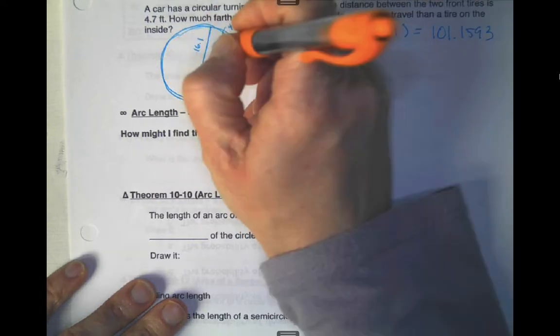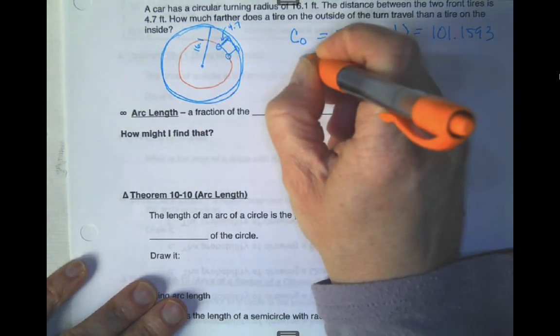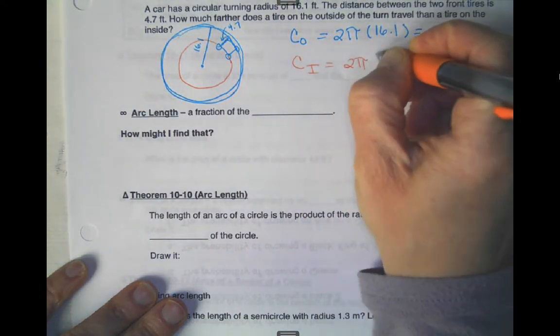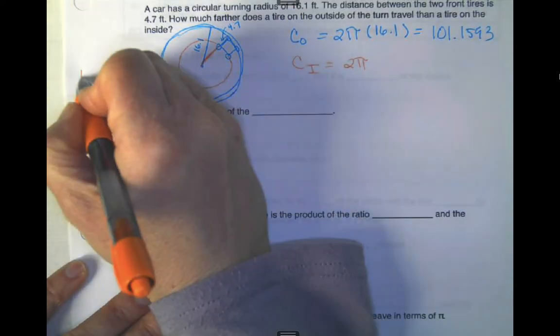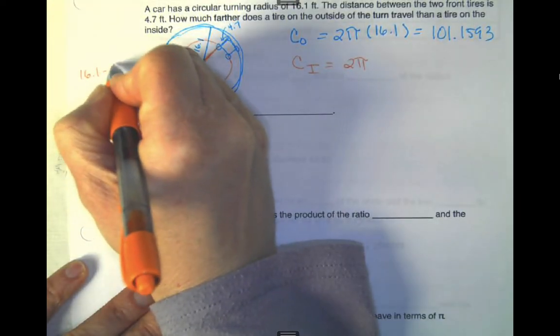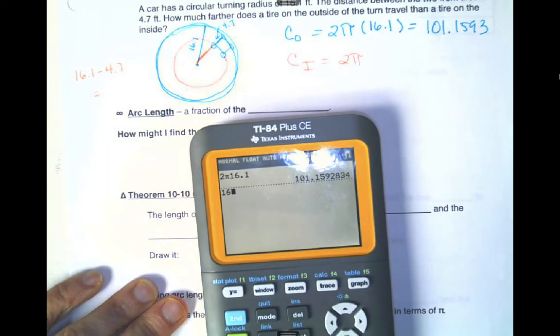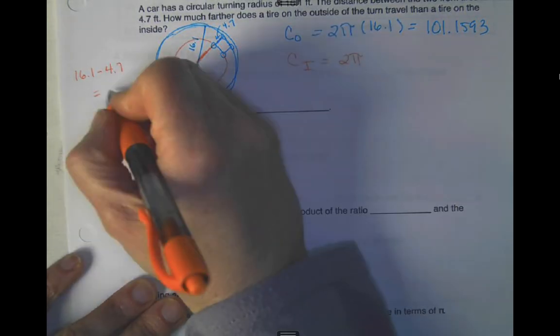All right, now I want to find the radius of that inner circle. So for the circumference of the inner circle, I want to do 2 pi, and this radius is actually going to be 16.1 minus 4.7. I get 11.4.